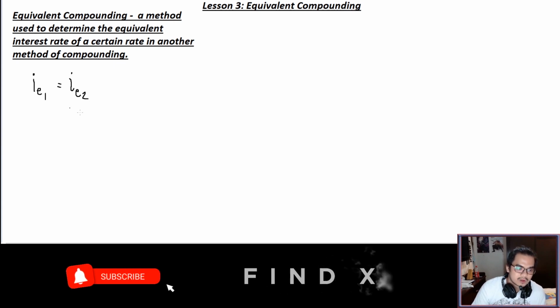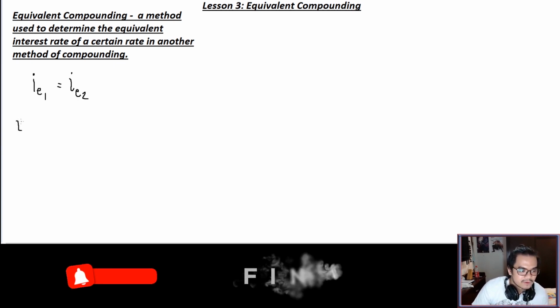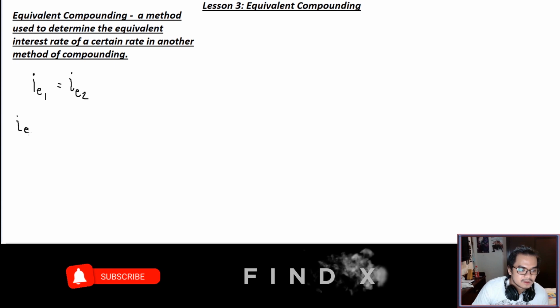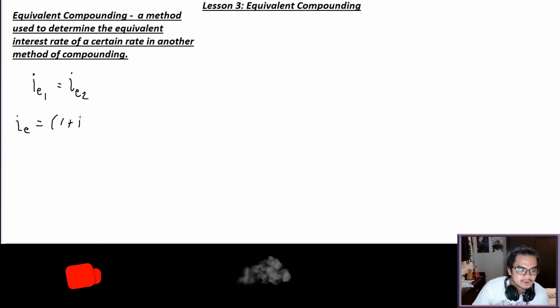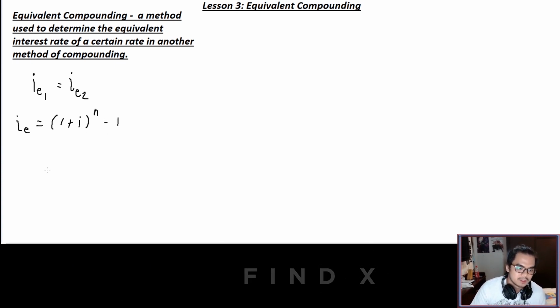Recalling the formula for IE, the effective rate of interest is equal to 1 plus i raised to n minus 1, where i is your interest rate and n is your method of compounding.